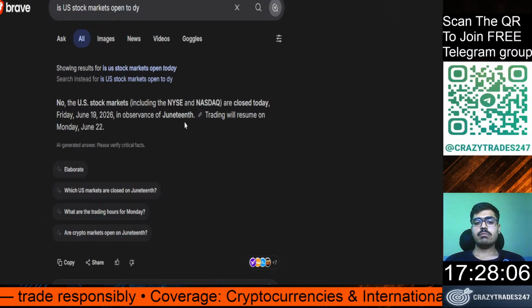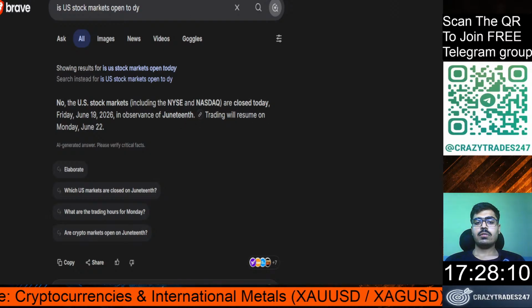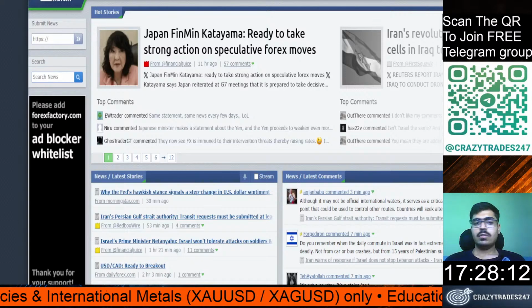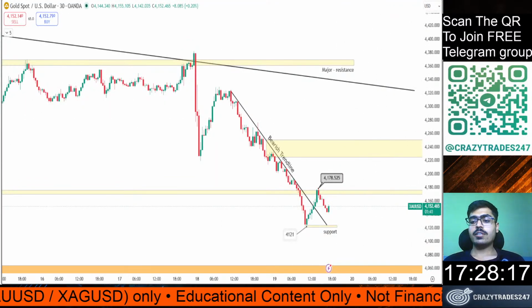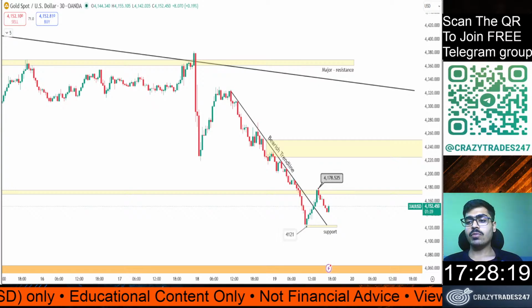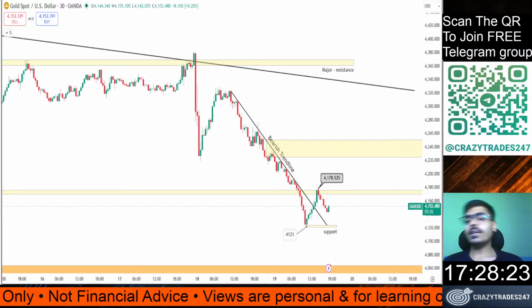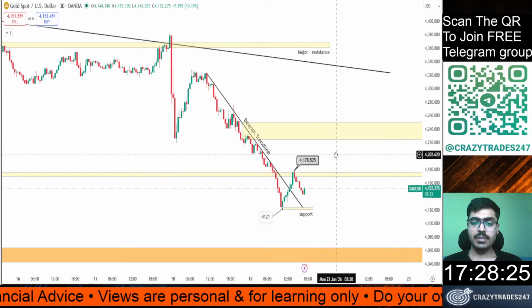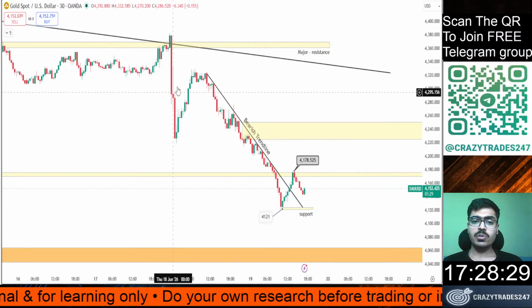June 10th, I don't know. Today is a market holiday. So we cannot expect much volatility today. And because of the lower liquidity, taking a position in either direction would be risky. So today might be some flattish move altogether.